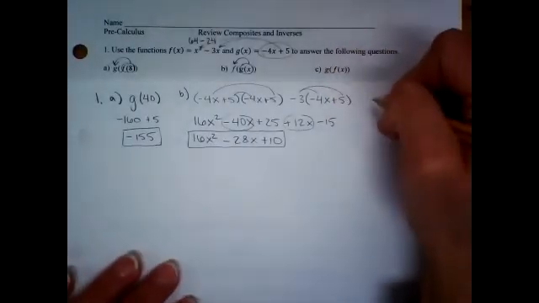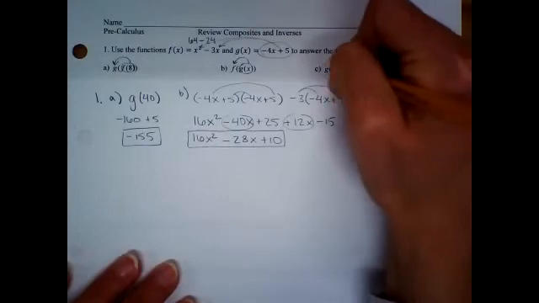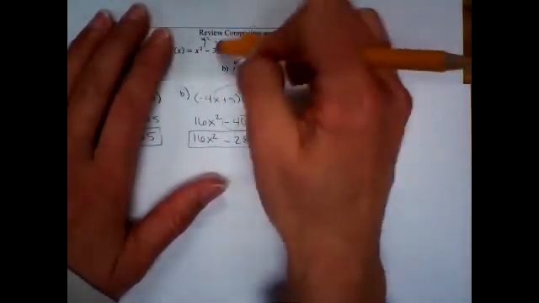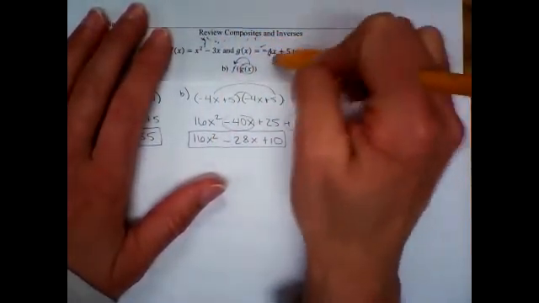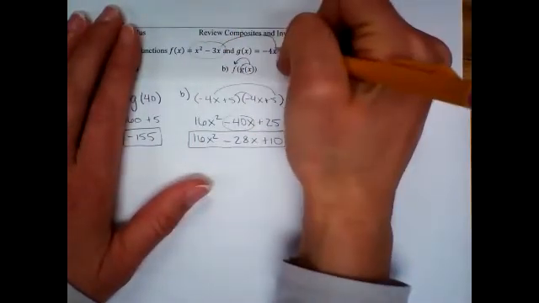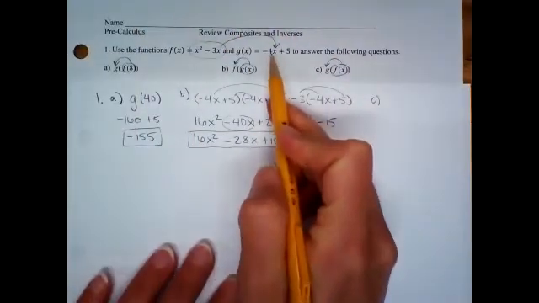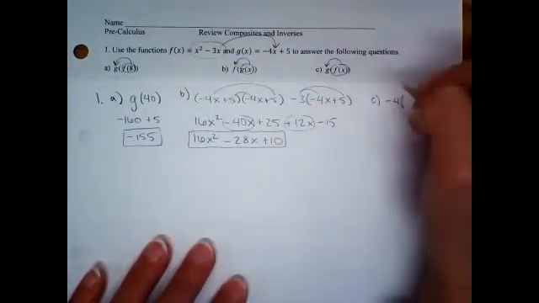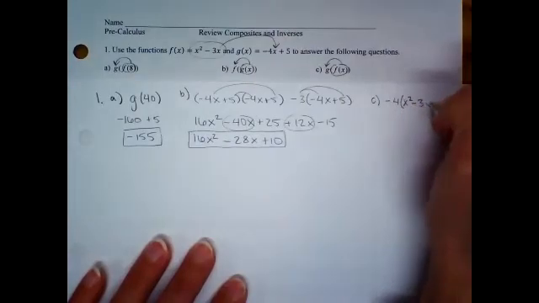Now, when you do g of f, this time f gets plugged into g. This one's going to be a whole lot easier. Let me erase all my arrows and I'll draw in the new arrow for you. That means this entire thing is getting plugged in over here. So we're going to have negative 4 times all of this plus 5.